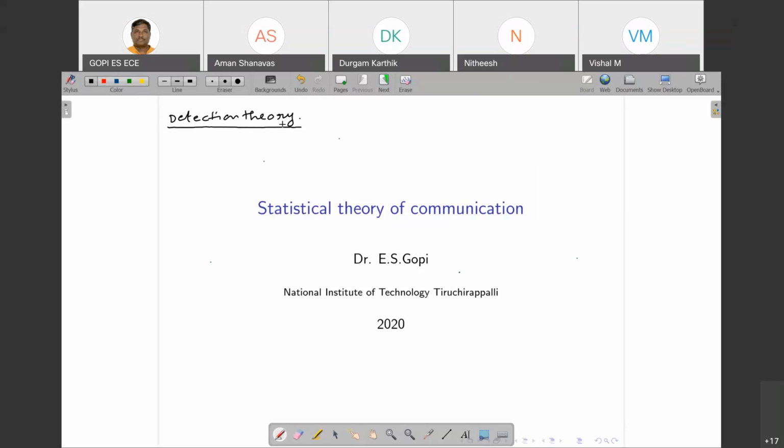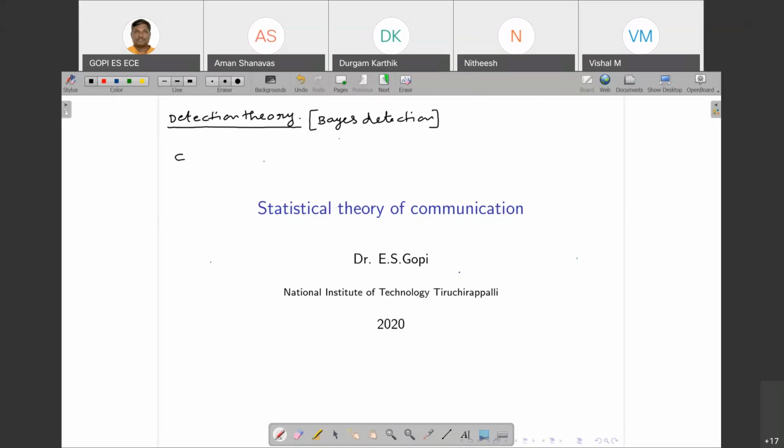What we are discussing is Bayes detection. It is based on this Bayes cost function, right? So, it is going to be like this.